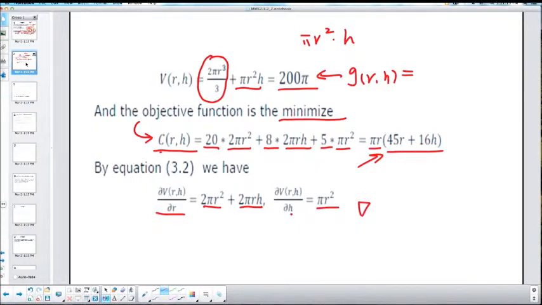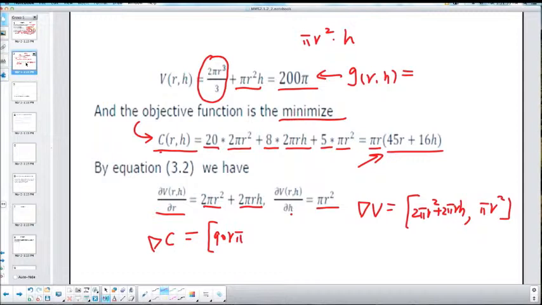So the gradient of V equals (2 pi r squared, 2 pi rh, pi r squared). So what about the gradient of C? If you take the derivative with respect to r, that will be 90 pi r plus 16 pi h. If you take the derivative with respect to h, that will be 16 pi r.